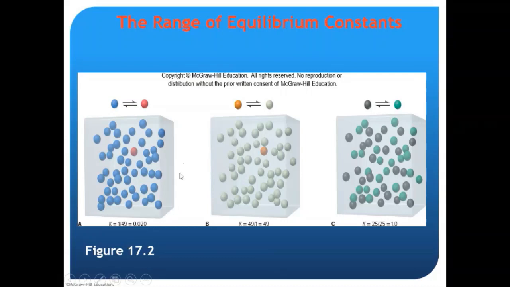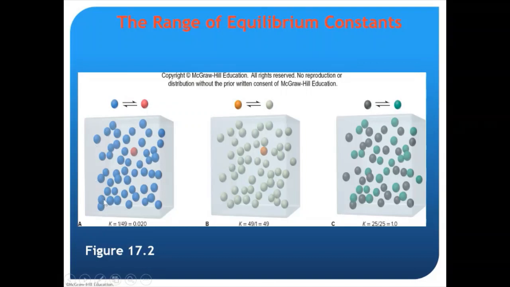Okay, let's look at the first one. This is a reaction from blue particles turning to red particles. This is the figure when the system has reached equilibrium, in which we observe that there is only one red particle here. It shows that this forward reaction is hard to happen.